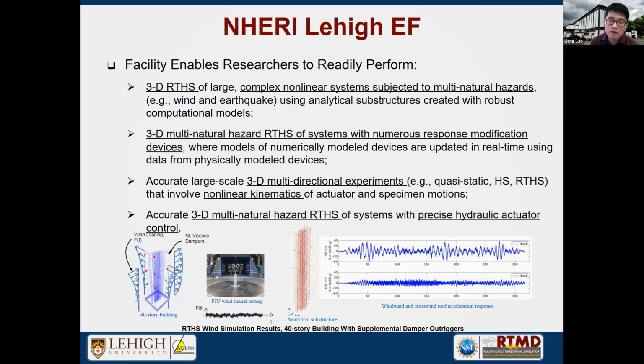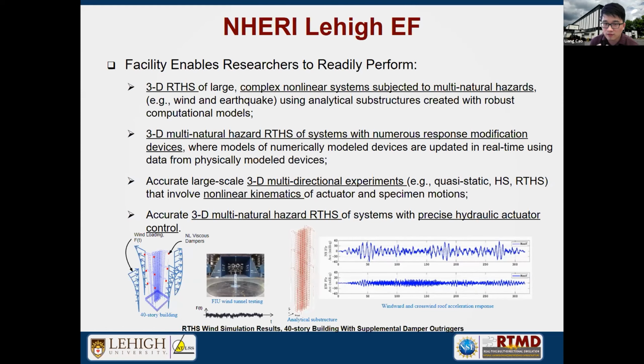The third, we can produce accurate large-scale 3D multi-directional experiments. So this could be quasi-static, hybrid, or real-time simulations. Those experiments can involve the nonlinear kinematics of actuators and the specimen's motions.